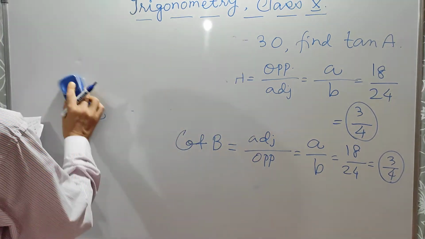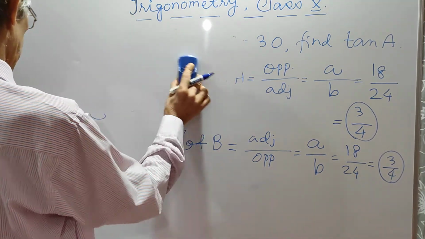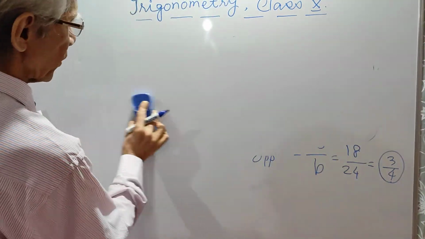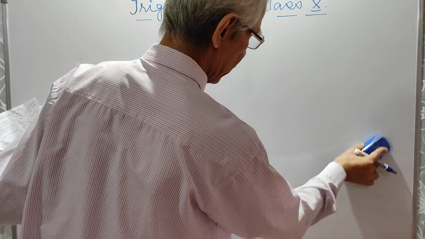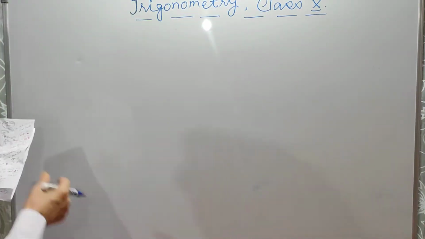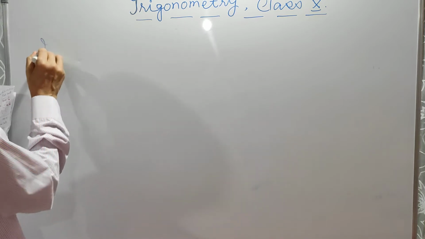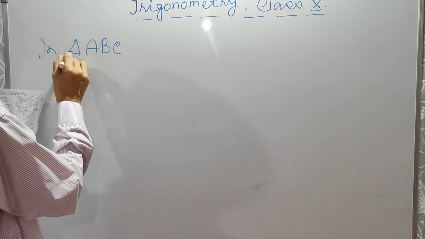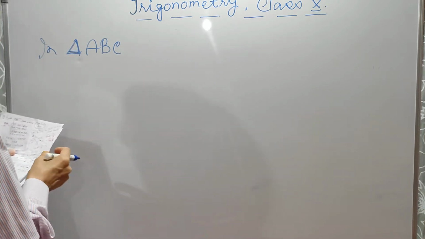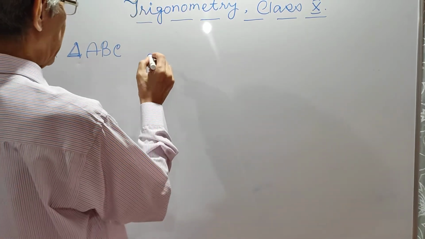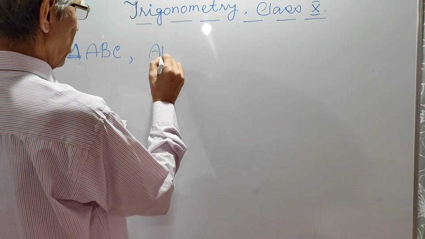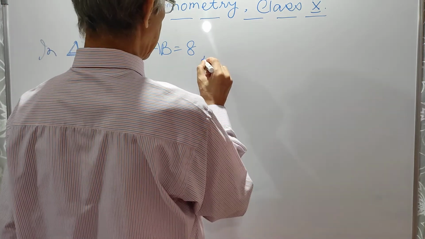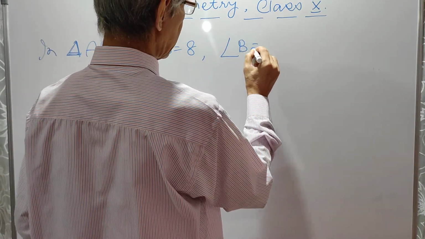Okay, now let us handle another question. In triangle ABC, AB is 8 centimeter, angle B is 90 degree, and BC is 6 centimeter.